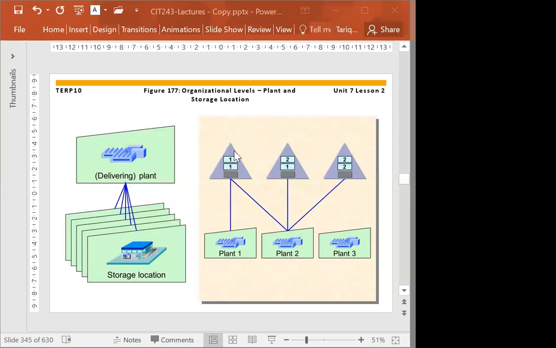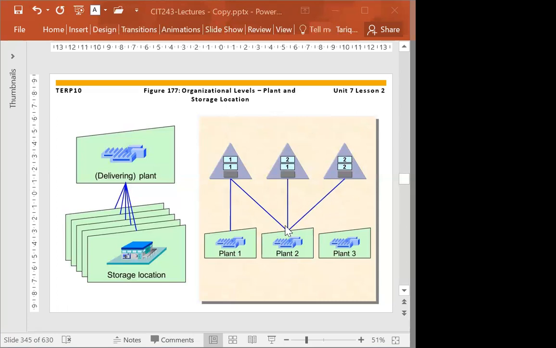Now, if you see, this is our sales organization and then distribution channel. So what this picture says is that one plant may belong to one sales organization and one distribution channel, or one plant may belong to more than one sales organization and more than one distribution channel.